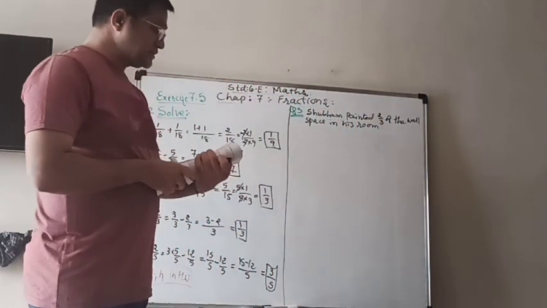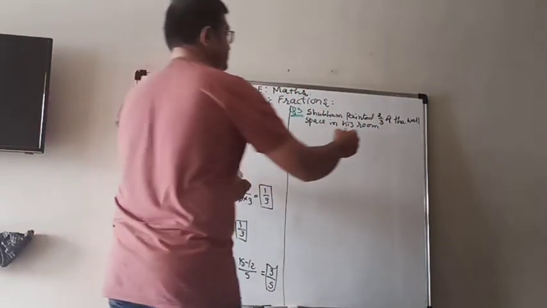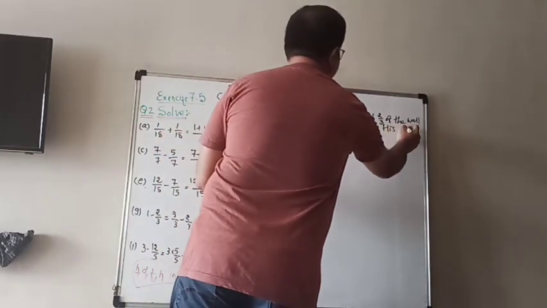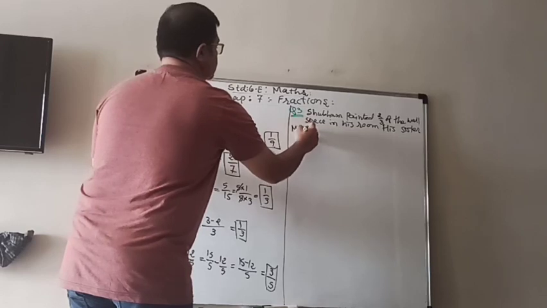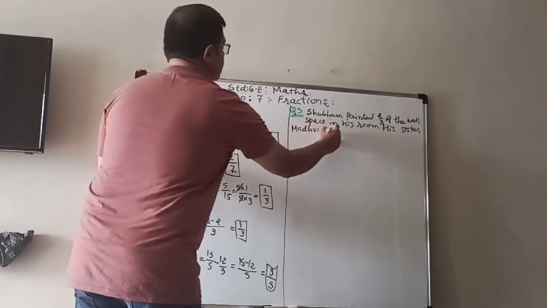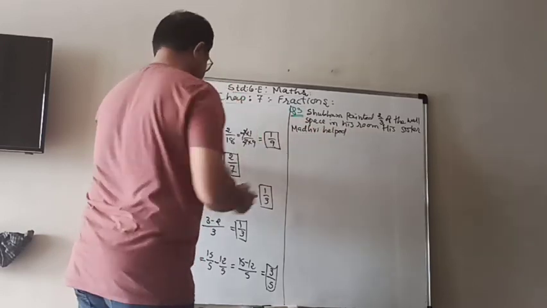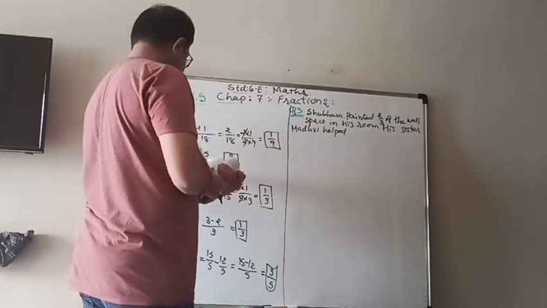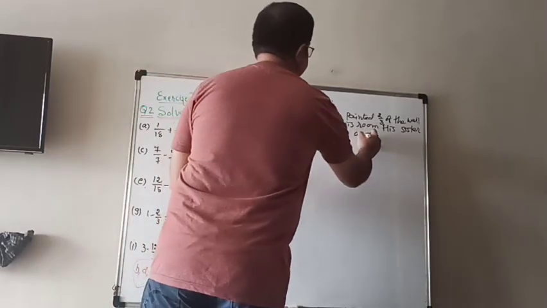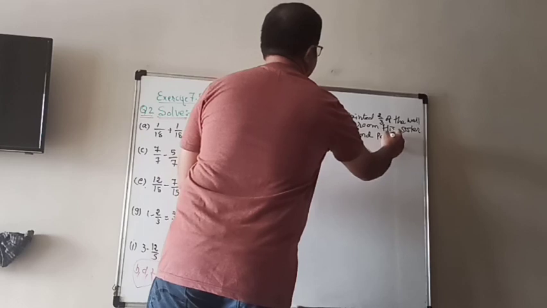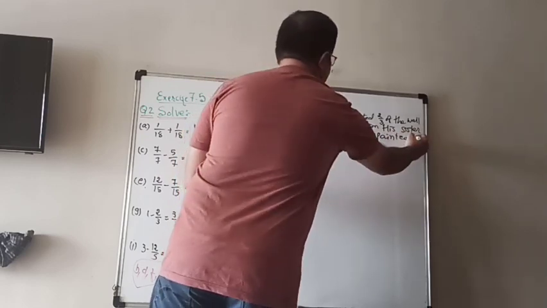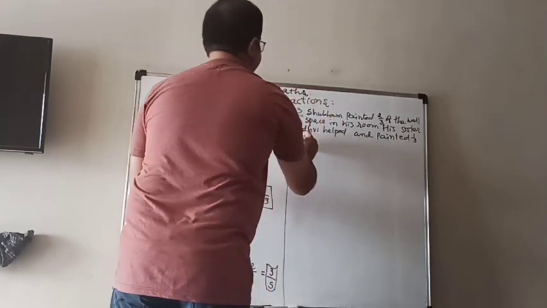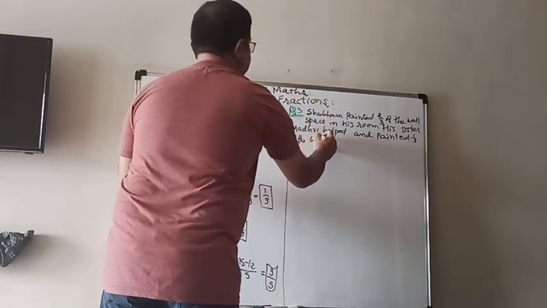What else is given? His sister Madhvi helped and painted 1 by 3, 1/3, of the wall space.